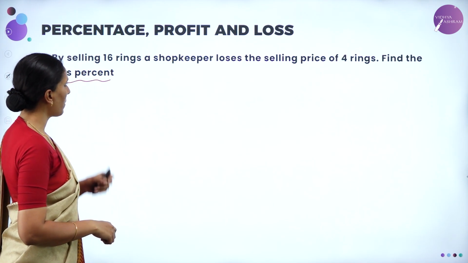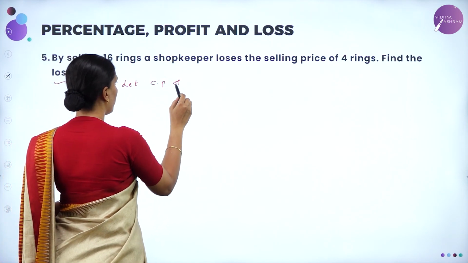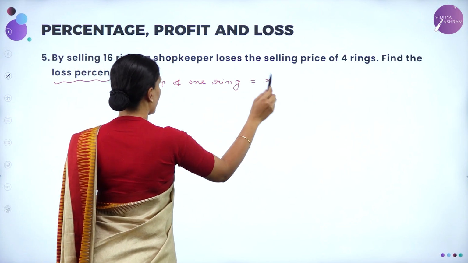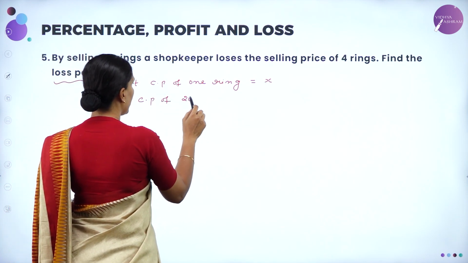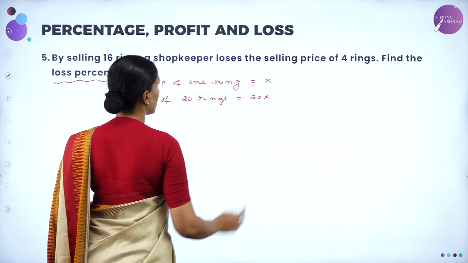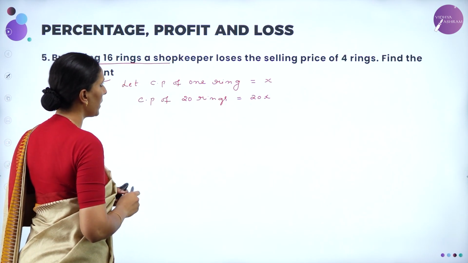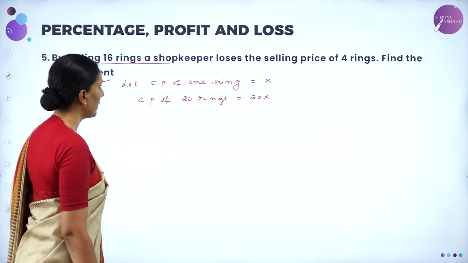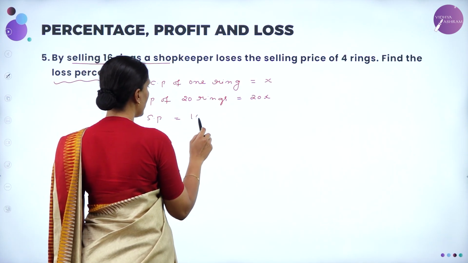Let the cost price of one ring be X. Then the cost price of 20 rings will be equal to 20x. Here they have given the selling of 16 rings, as a shopkeeper loses the selling price of 4 rings. So if the cost price of 20 rings is 20x, then the selling price will be 16x.